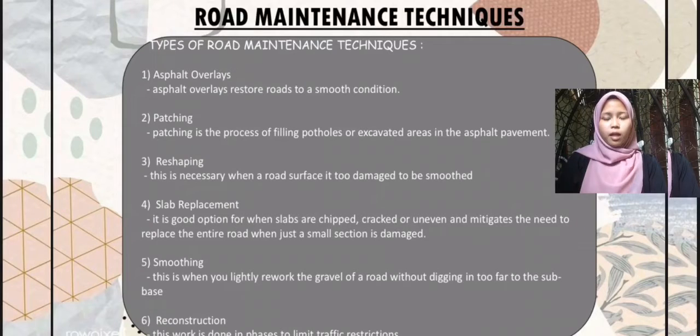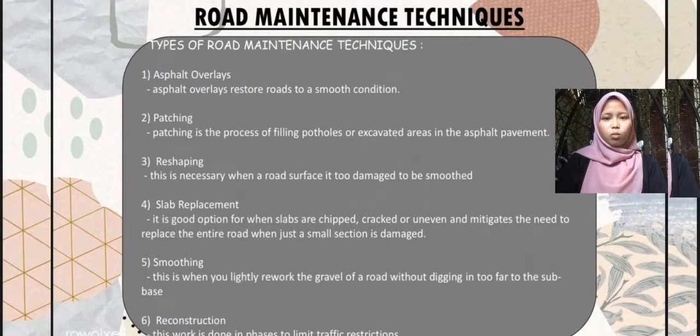Next is slab replacement. It is a good option for when slabs are chipped, cracked, or uneven, and mitigates the need to replace the entire road when just a small section is damaged.